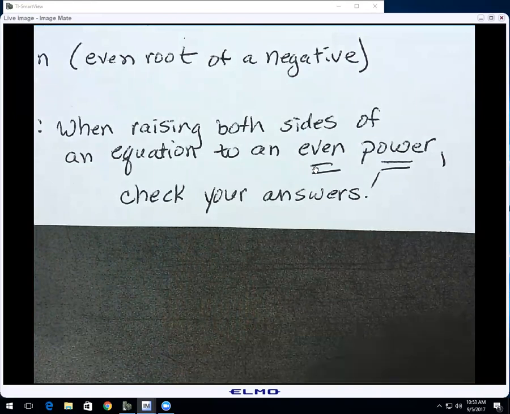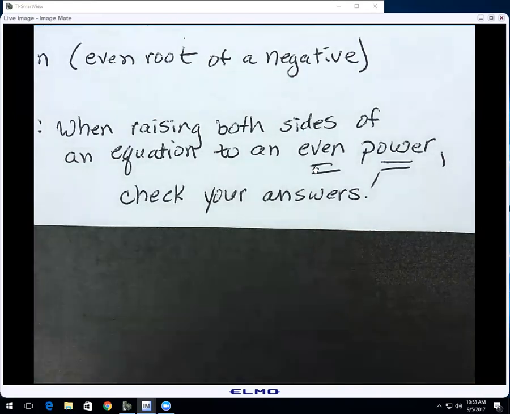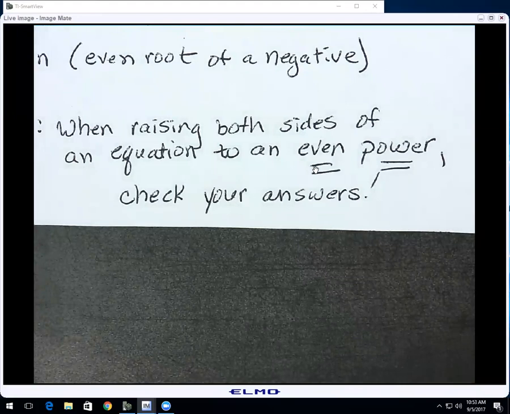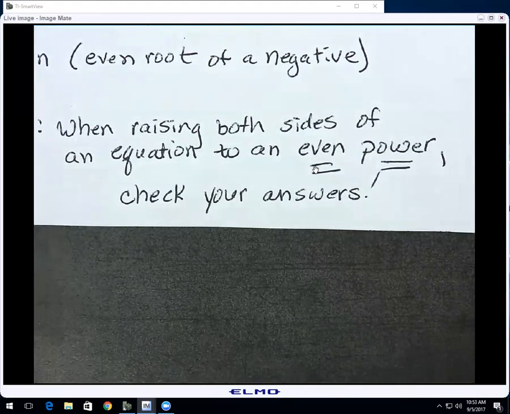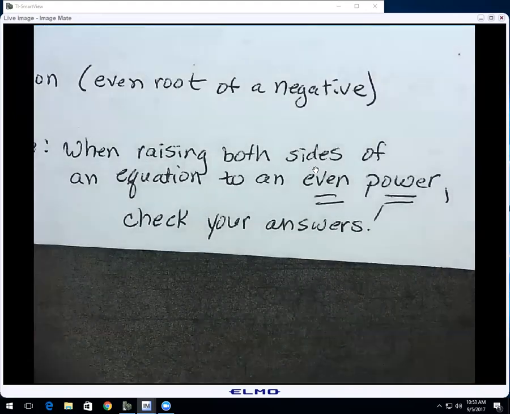If you square both sides or raise both sides to a 4th power, which is what we did on that E part, we got an answer that didn't check.